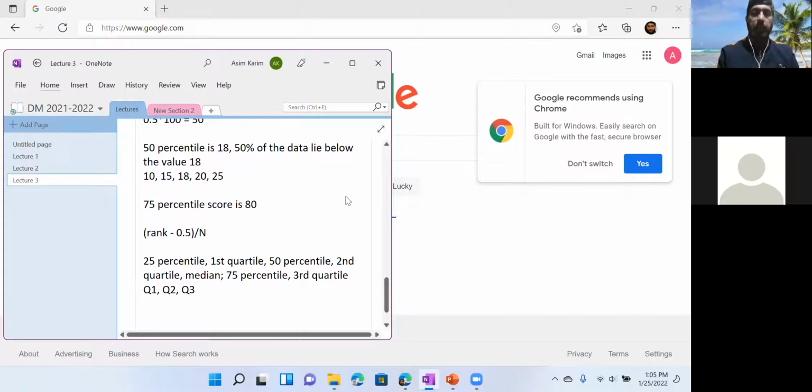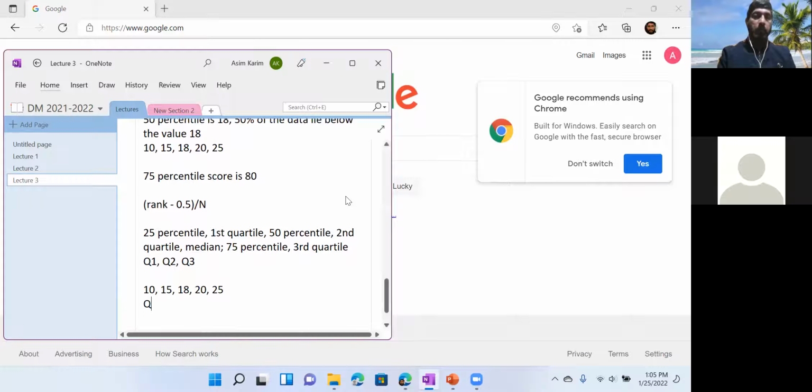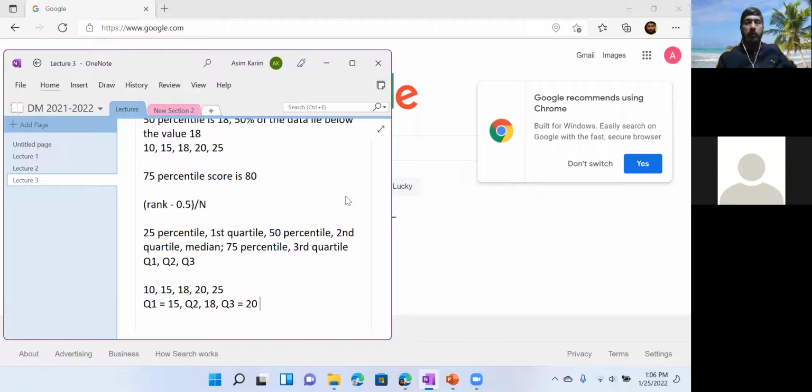So in our data set that we had before, 10, 15, 18, 20, 25, Q1 would be 15, Q2 is 18, Q3 is 20. So Q1 is the 25th percentile, Q2 the median, and Q3 the 75th percentile.